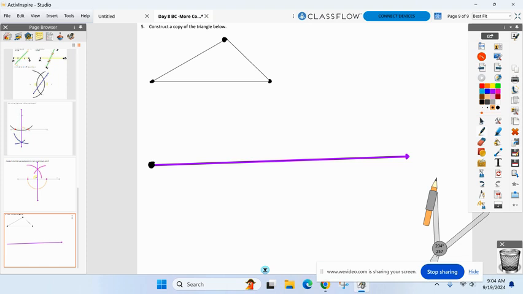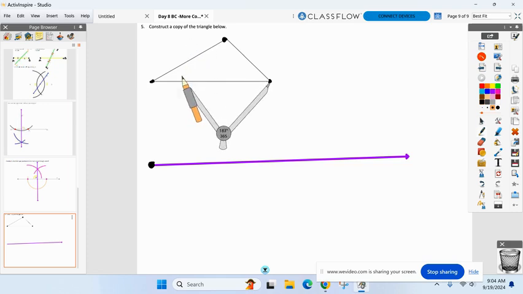And you make a decision. I have a preference, but you're going to make a decision. We are going to copy one of those sides onto the ray right now. My preference, I always start with the longest side. That's just me. You don't need to. It can still be done, but I always pick the longest side and copy it on. So if you remember copying, I open up my compass to the length of the side I'm going to copy.